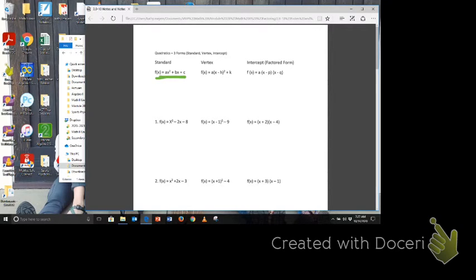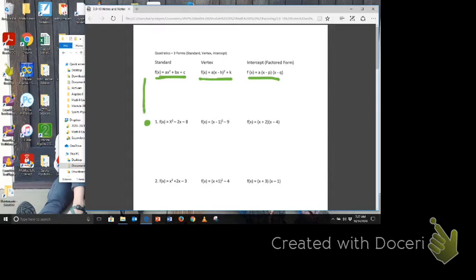Standard form, right? This is vertex form, right here. And then intercept form. All right, so this is a problem, and it's in standard form right here.